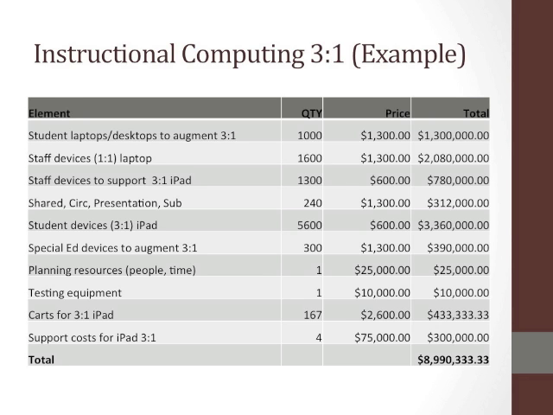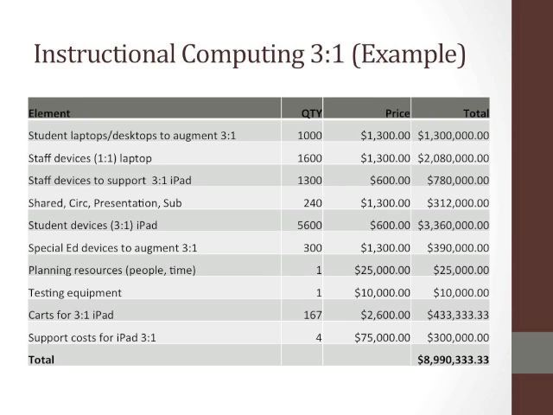And we would still need special ed devices to make sure that kids in those populations had access to the curriculum in the same way that general ed students had. We would probably need some planning resources. These are devices we haven't deployed before on a large scale, and we'd have to think about management of apps and software as well as the devices themselves, so we would need some support in being able to do that.